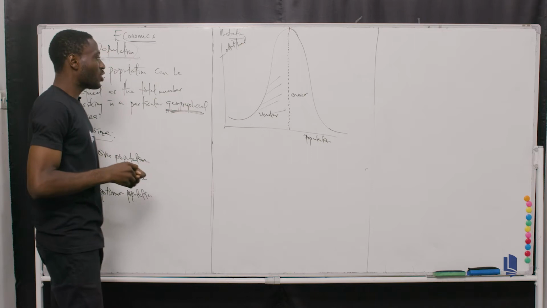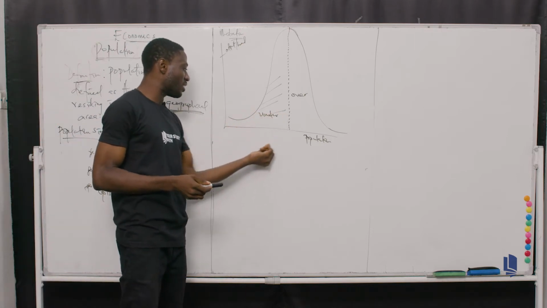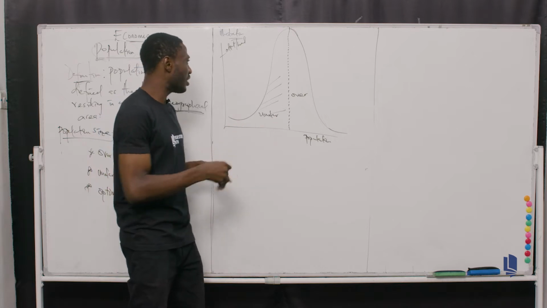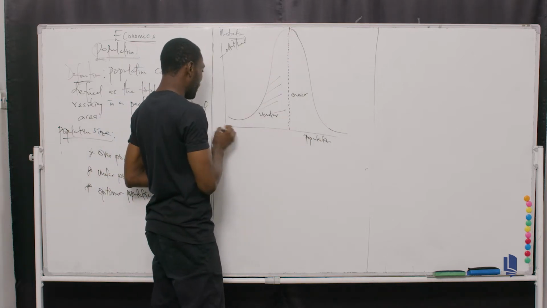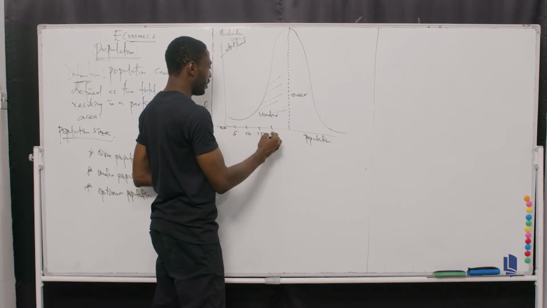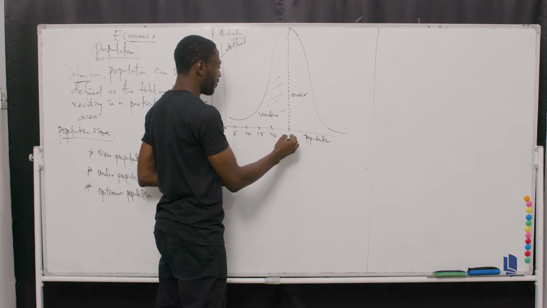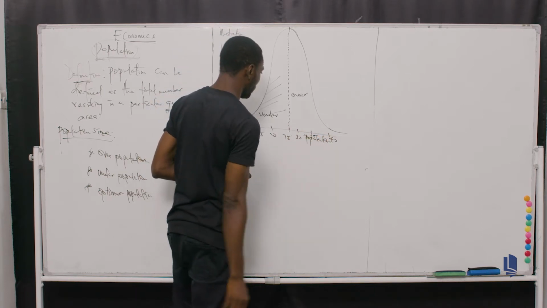Output per head. So, in a scenario where you have underpopulation, this is the population we have here. Now, this line has already divided the population size. So, if here is 0, let's assume 5, 10, 15, 20, 25, 30, 35, 40.